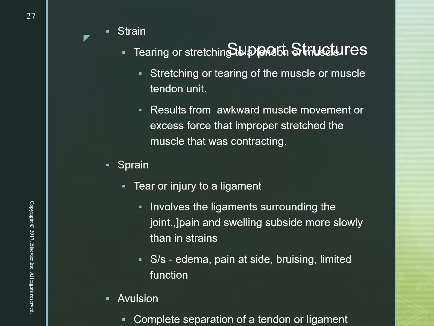I is ice the affected area as soon as possible after injury to limit swelling, and continue the ice to the area for 10 to 15 minutes, usually 4 times a day for the first 48 hours. C is compress the area with an elastic wrap or bandage. E is elevate the injured limb above the level of the heart whenever possible to prevent the limb from swelling.